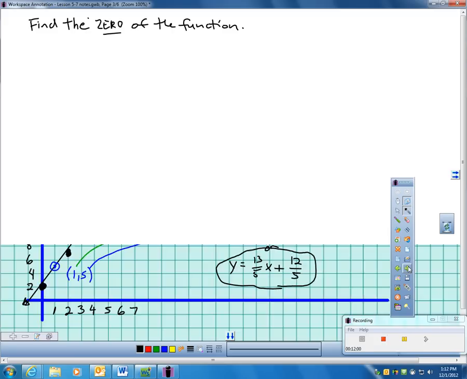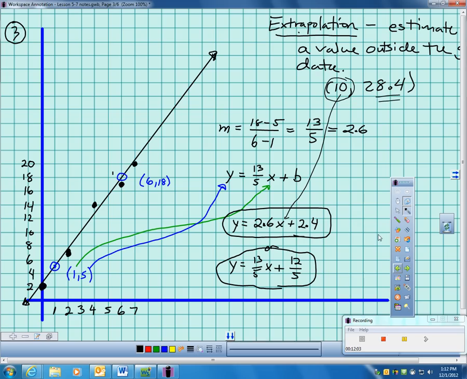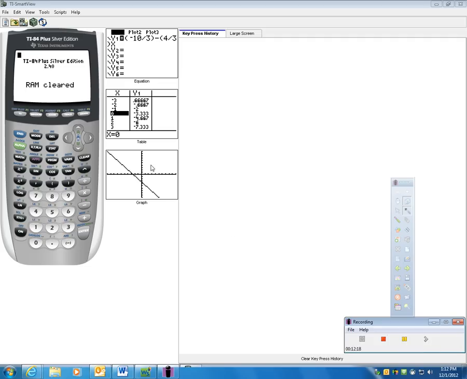Okay, let's do one more problem, and then I'm going to talk about finding the zero of a function. Why don't we go to question number 5 in the book, and let's do 5 on our calculator. Instead of doing it by hand, we'll do it on calculator. So let me pause the video. Okay, the reason I pause the video is, as you can see here, I have my calculator up, and to enter and to get a linear regression, the first thing we have to do is enter the table in our calculator.